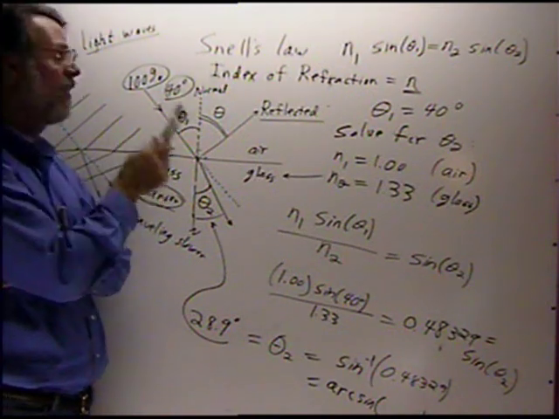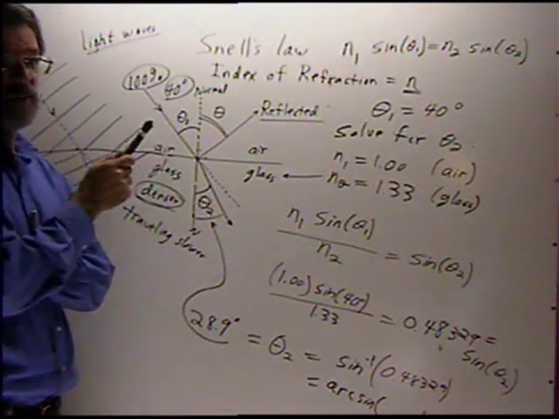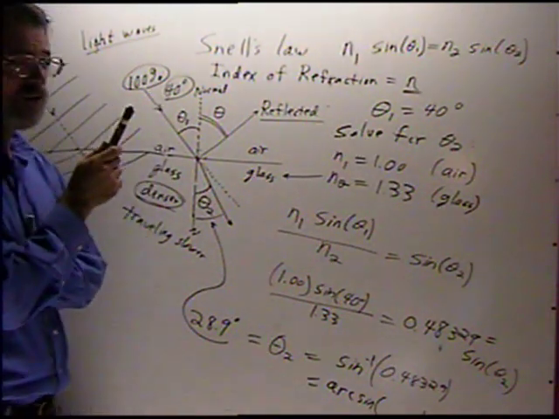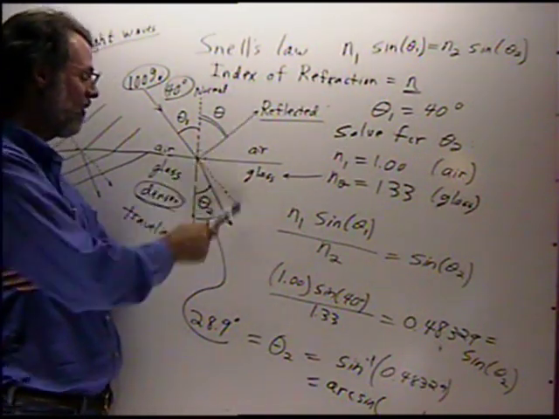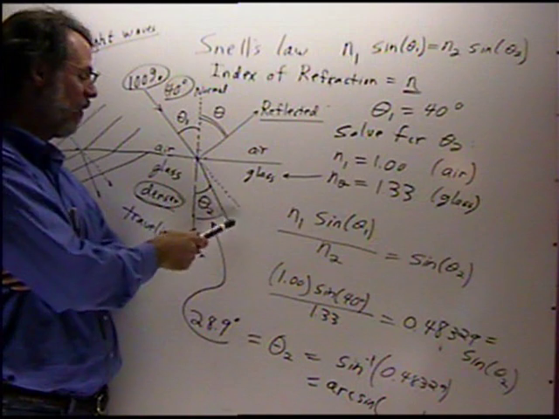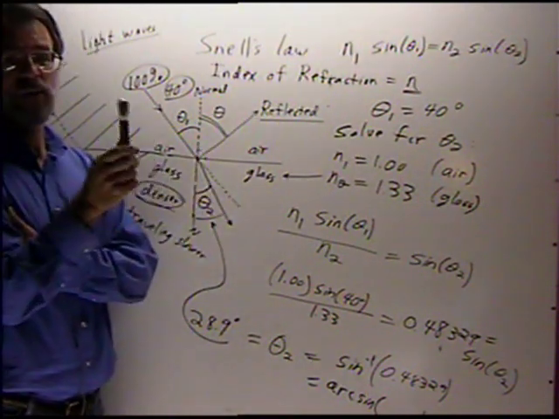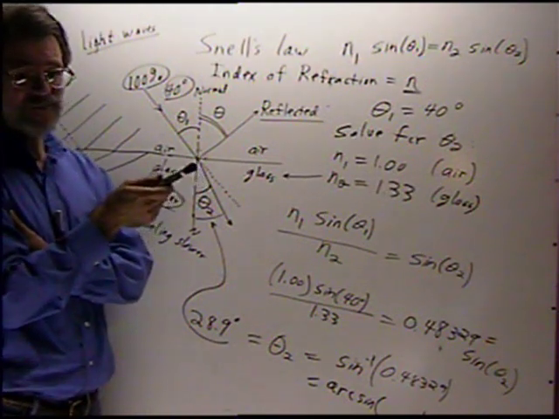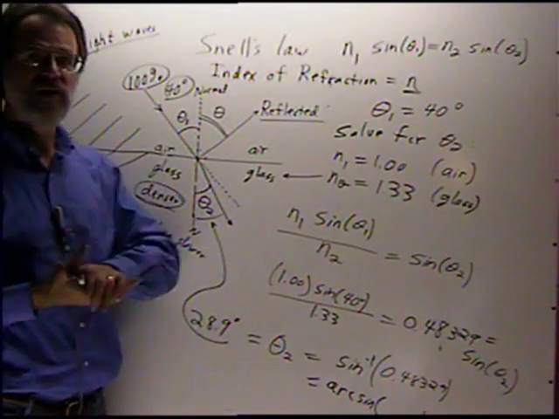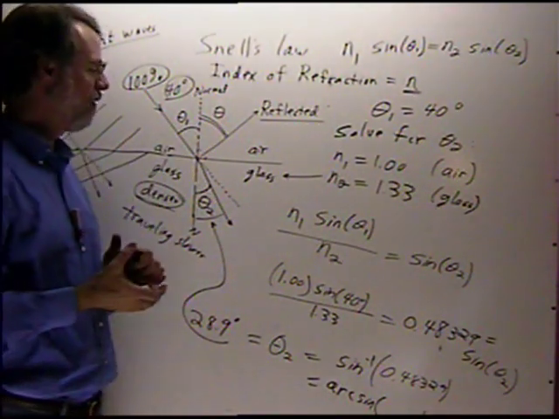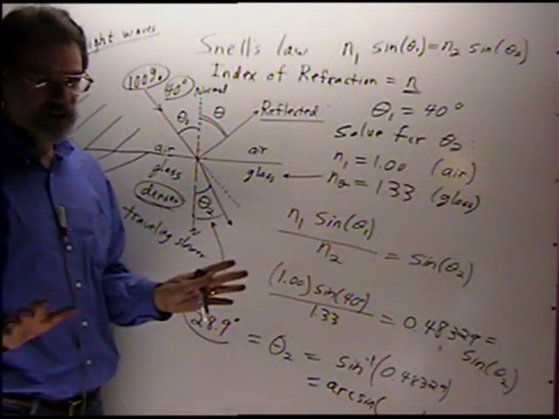To figure out how much energy goes into the reflected beam versus the refracted beam, we have to talk about polarization, because whenever you have a surface like this, the light reflects and refracts differently based on the polarization. We're not going to talk about that at all.